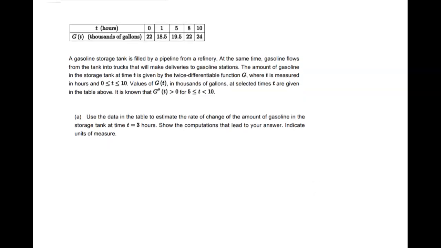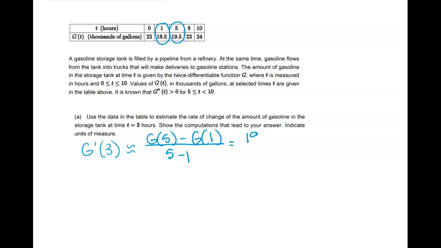So since 3 is right between 1 and 5, we know that g prime of 3 will be approximately the average rate of change between 1 and 5. So g of 5 minus g of 1 over 5 minus 1, which is 19.5 minus 18.5 over 4, which is 1/4.